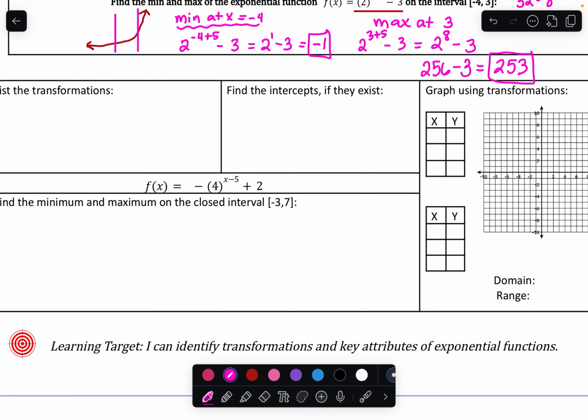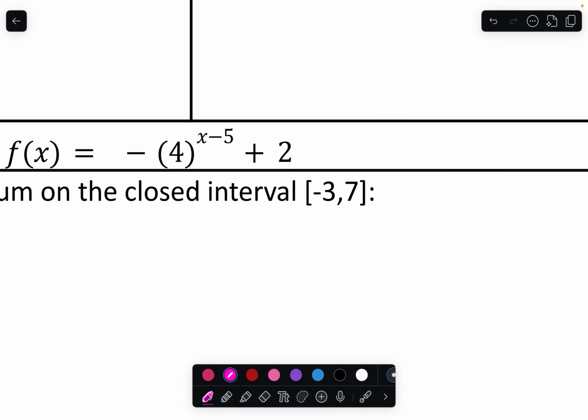Okay, here we have negative 4 to the x minus 5 plus 2. For any exponential function, the parent function is just whatever the base of that is. So here, the parent function is the base raised to the x power. So this would be 4 to the x.